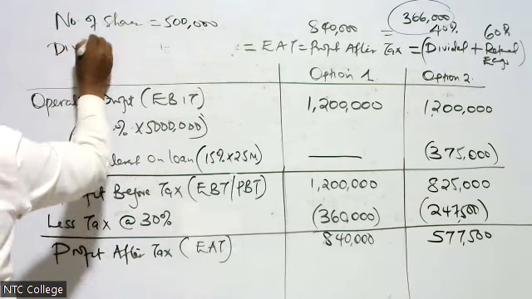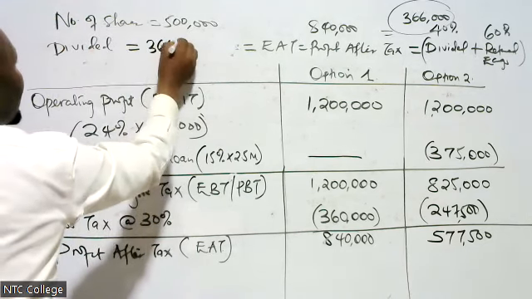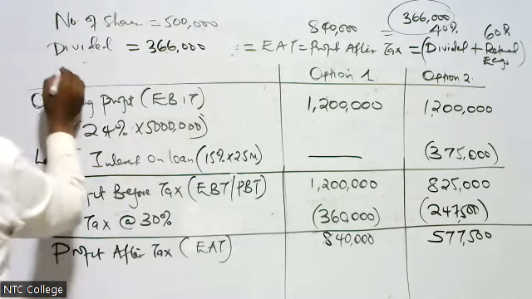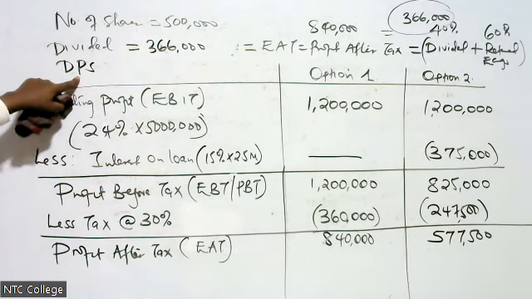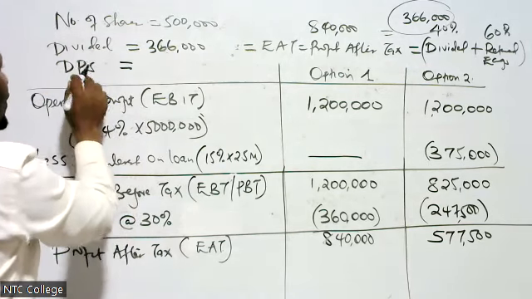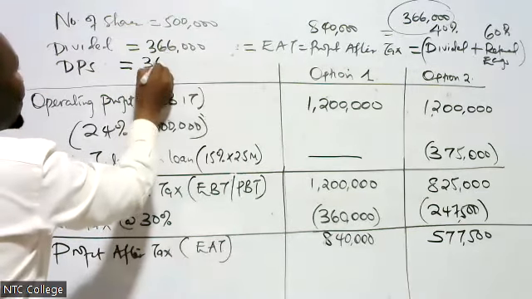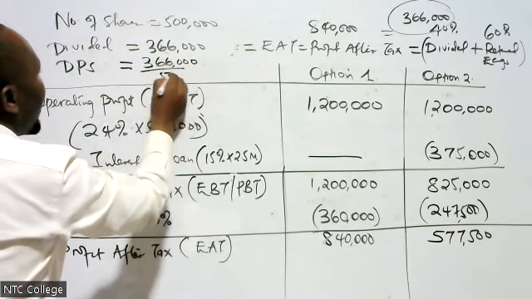The declared dividend is 336. Then we call it dividend per share, DPS. Dividend for each share, DPS, will be 336 over 500.